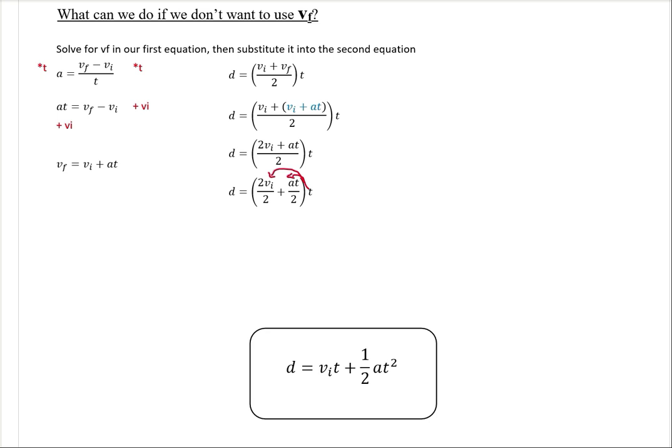I want to go through and derive it because I want to show you that I'm not just making this stuff up. This stuff comes from somewhere. Our first two relations came from the fundamental definitions, and these two relations are just by reorganizing algebraically. So this relationship, d is equal to Vi t plus half a t squared, is not coming out of nowhere, and it's a relationship that we know how to use.